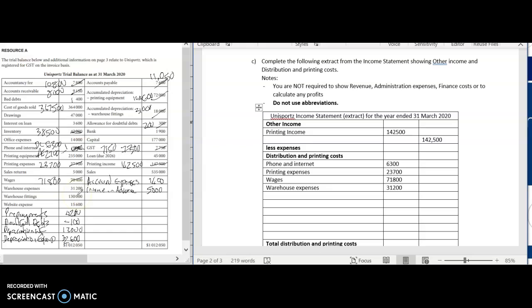Warehouse fittings, that's going to be an asset, probably plant equipment, not that one. Website expenses, one assumes that you're going to use the website for distribution. So I'll put that in. You've got prepayments as a current asset. Doubtful debts is administrative. Depreciation on warehouse fittings, we'll put that in.